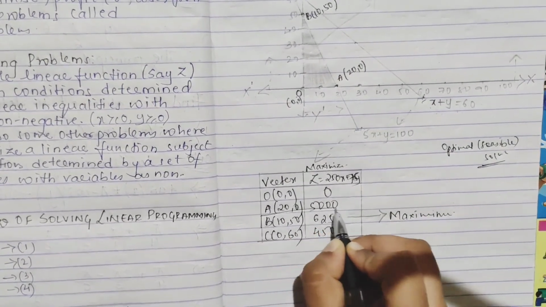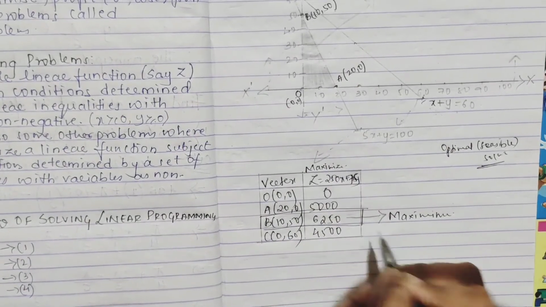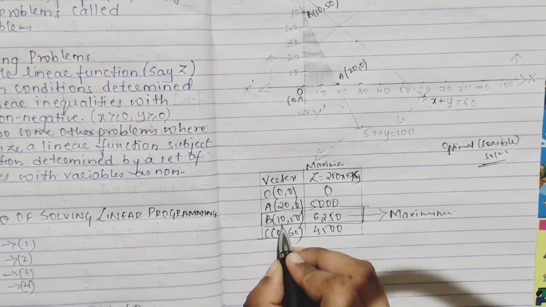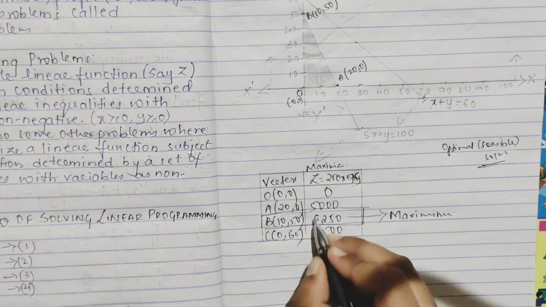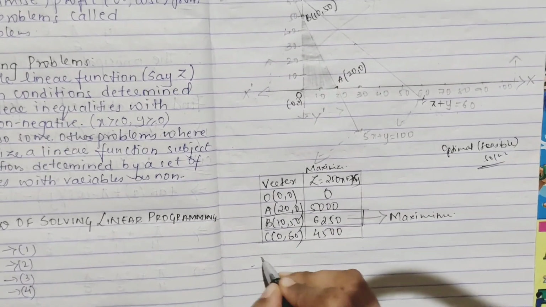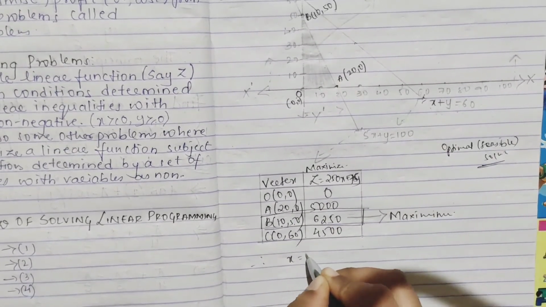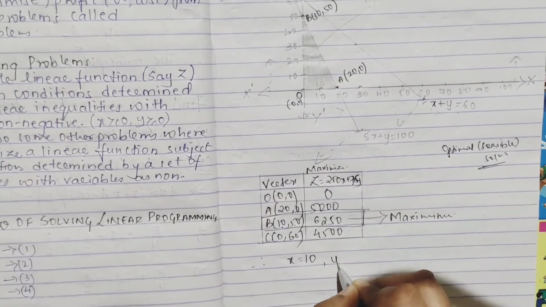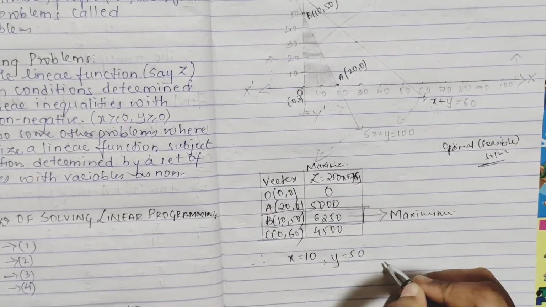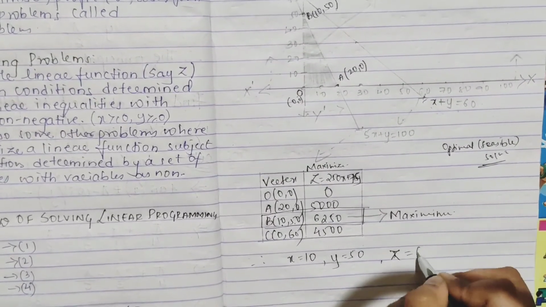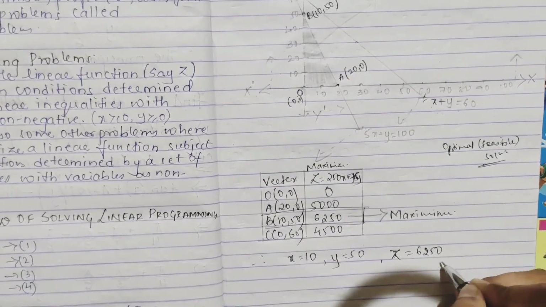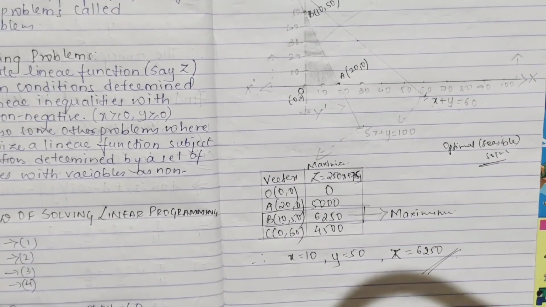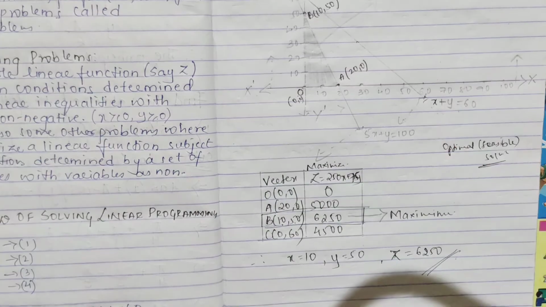So we get this point. When x is 10 and y is 50, he gets the profit of 6250, which means he should take 10 tables and 50 chairs. Then he'll get his maximum profit as 6250. Understood? How we have to do it is simple. We have done it in the graphical method.